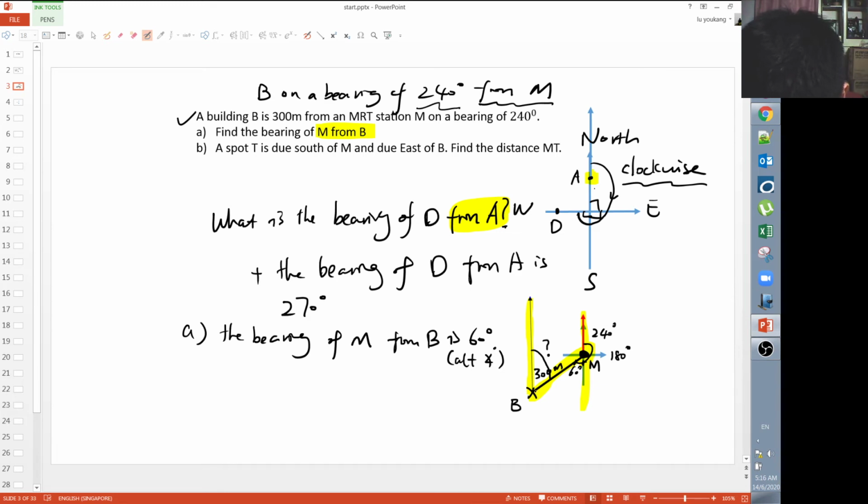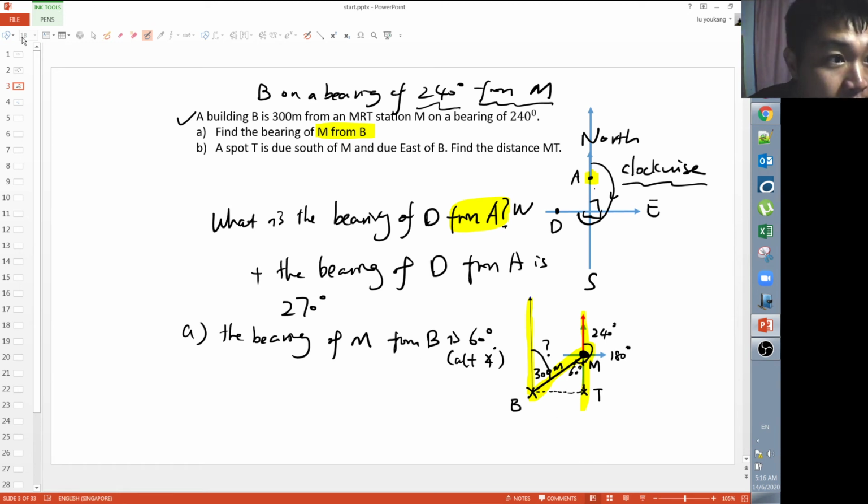If you go directly to the right, and directly below your M, it should be somewhere here.